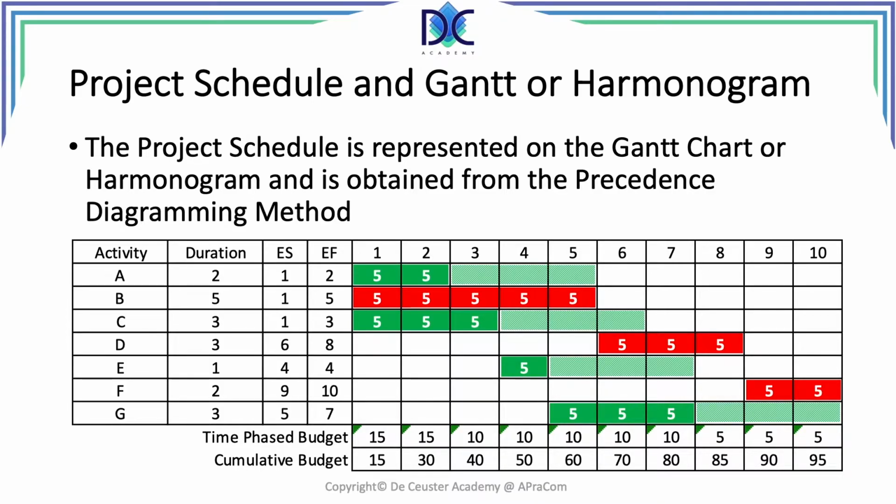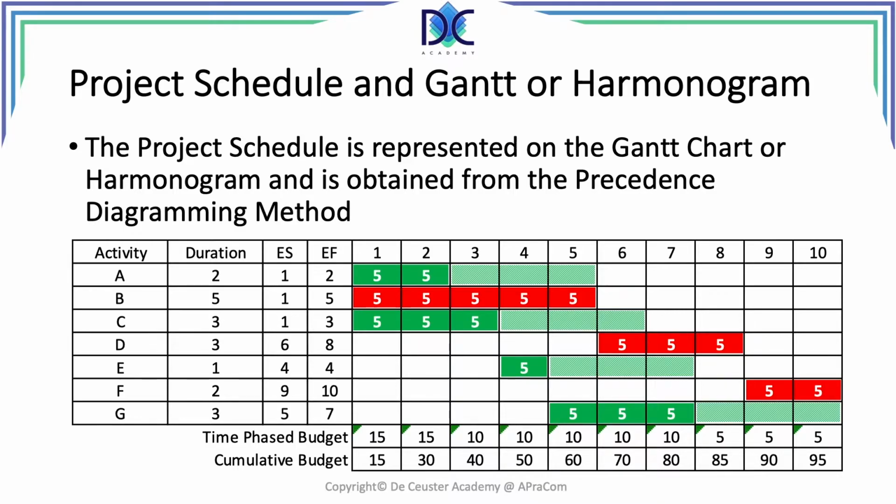The green refers to activities which are not critical, they're not on the critical path, and the dashed part relates to the slack that that activity has. The red activities are critical path activities.